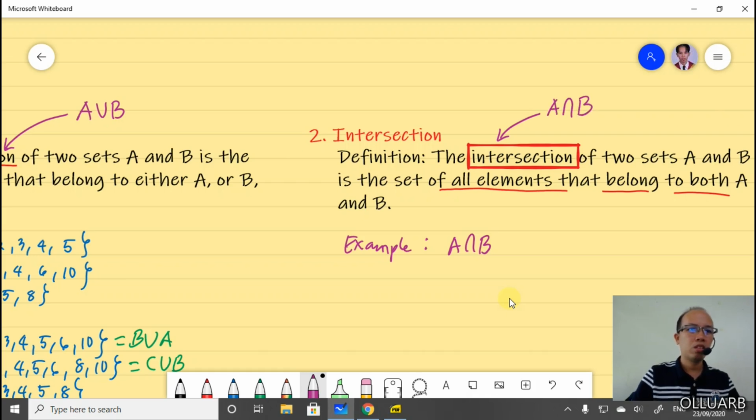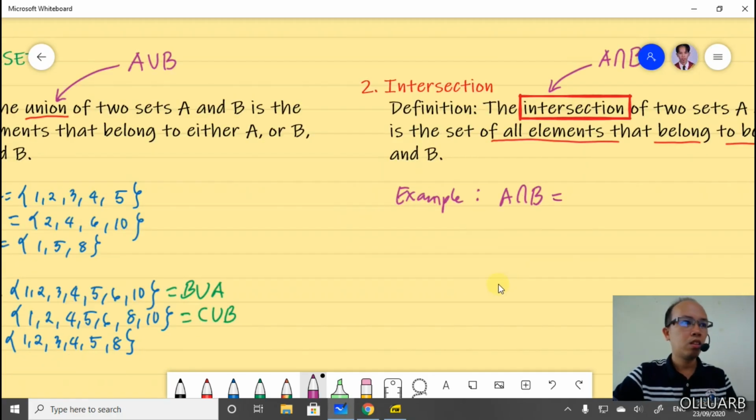Okay, so for the intersection, for this example, this is our A, this is our B. So all you have to do is to get all the elements that belong to both A and B. So meaning to say those elements that are common to both A and B. So 2, 4 only.